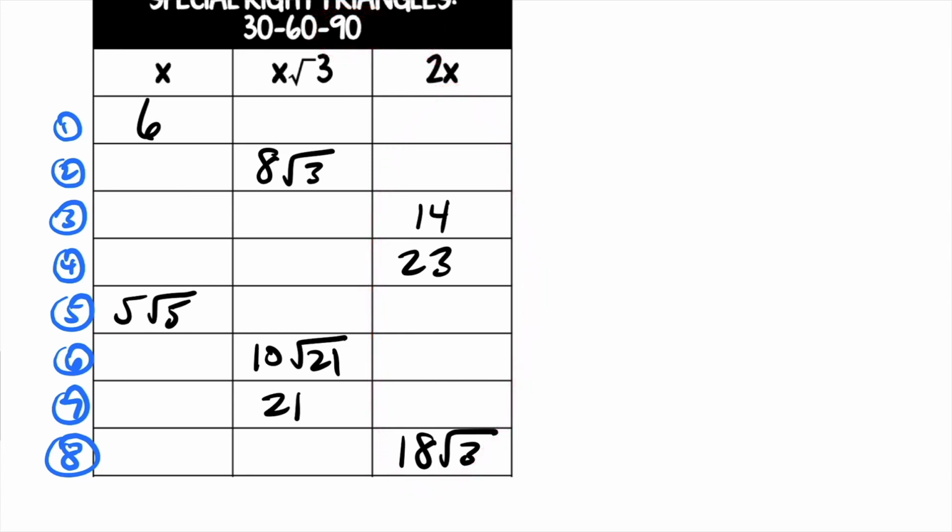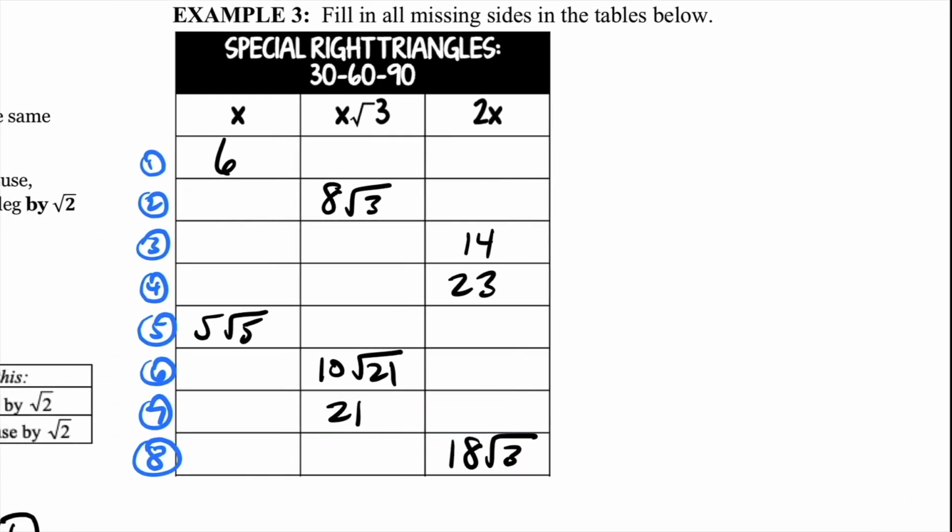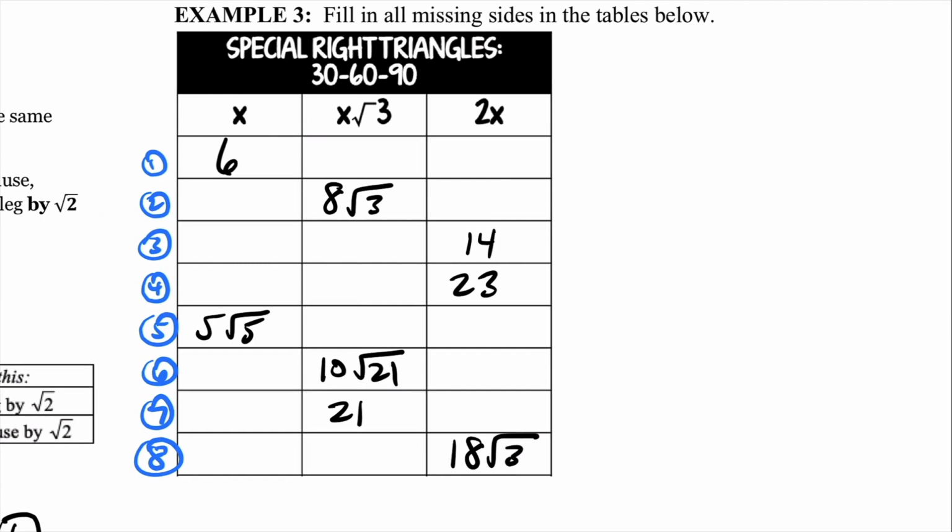Okay, so I'll do the first one with you guys. Number 1. The first step, draw the triangle. These are 30, 60, 90 right triangles. I know one of the sides is 6 for number 1. That's all I have, and I have 2 blanks.